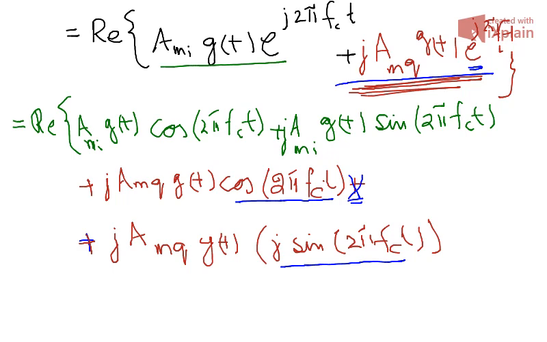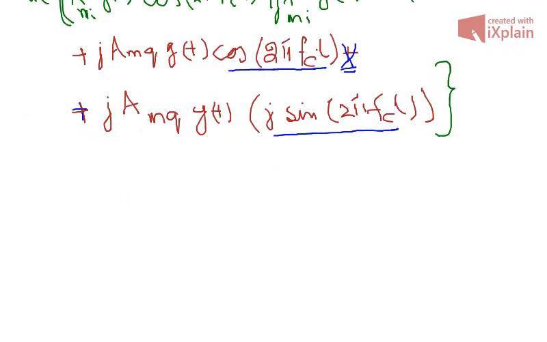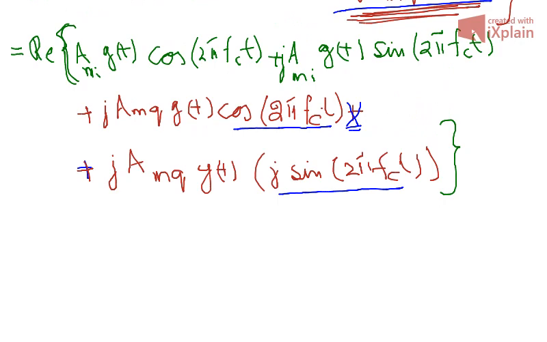Now if you observe, let me close this bracket which I started here. Now if we observe this one, if we take only the real part, so what is the real part?